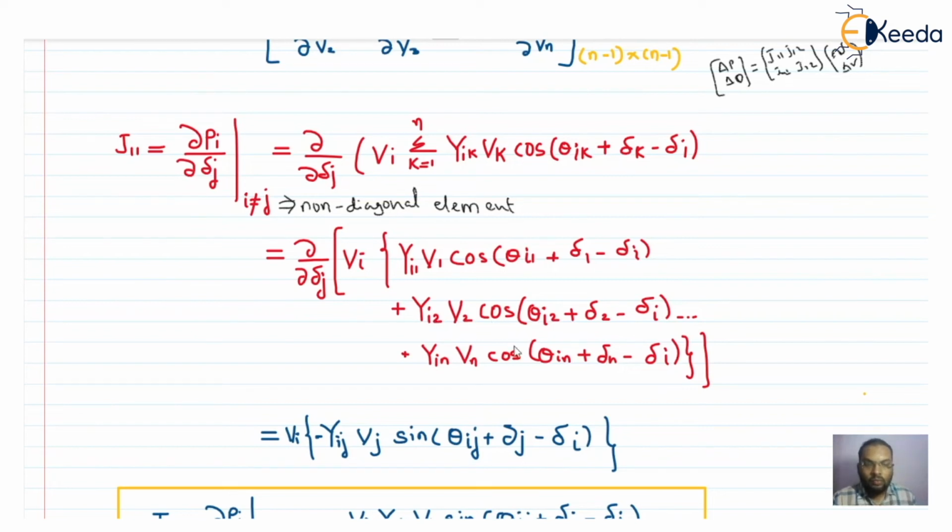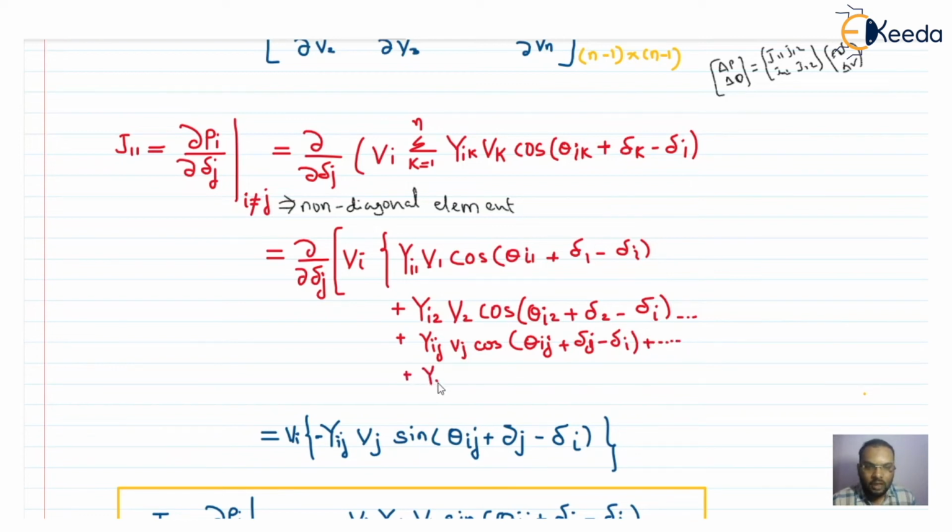Now, one more term I want to write here, because that will give you the simple idea. Suppose I write the jth term where k is equal to j: Yij Vj cos of theta ij plus delta j minus delta i, plus it continues.